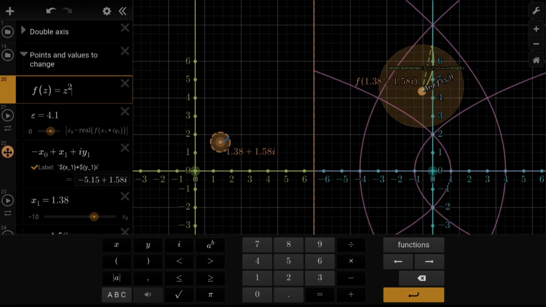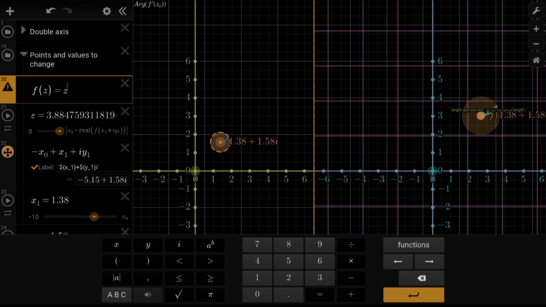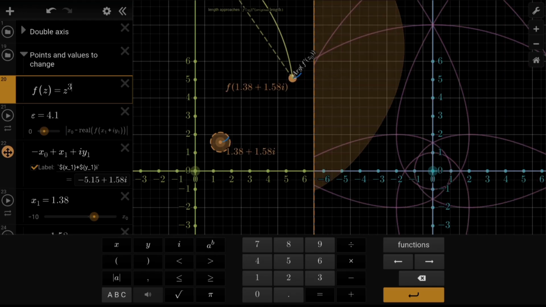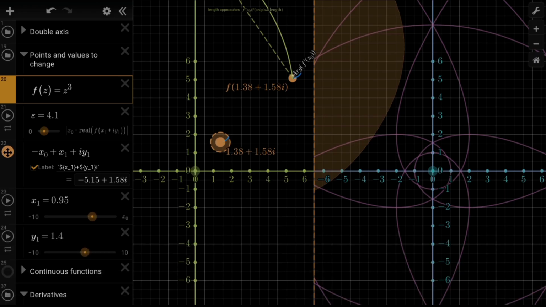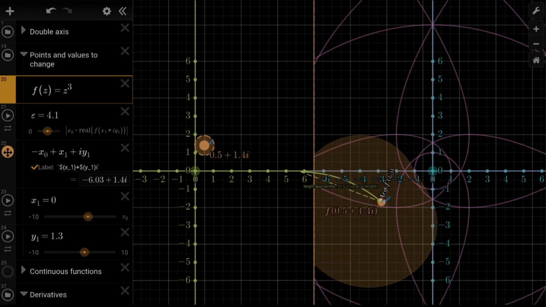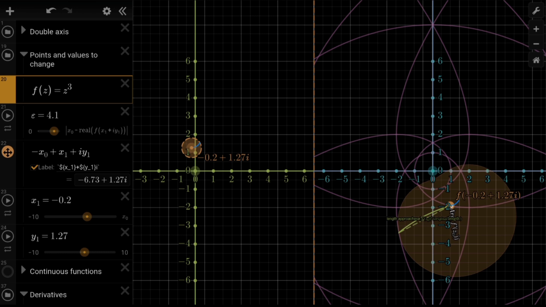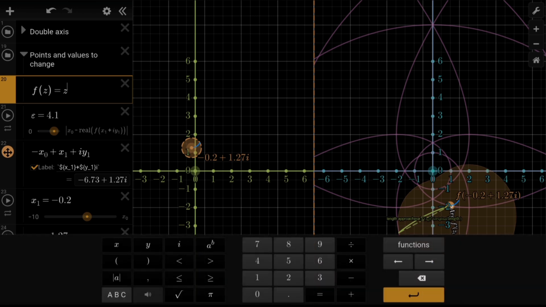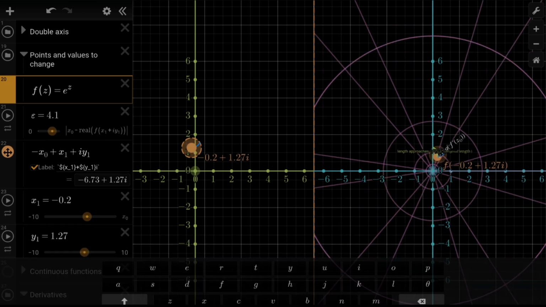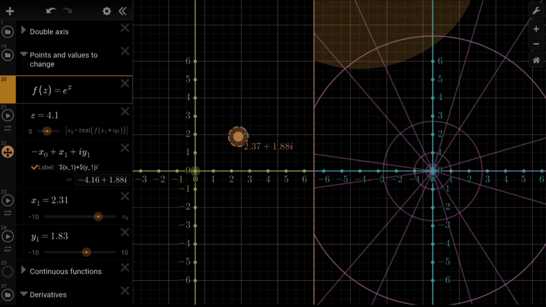And as always, you can change the function. You can make it anything really, a linear function, a cubic, here it is. Of course, you have to be careful so the values don't go out of bounds. We can also have the exponential one. It is also quite neat.